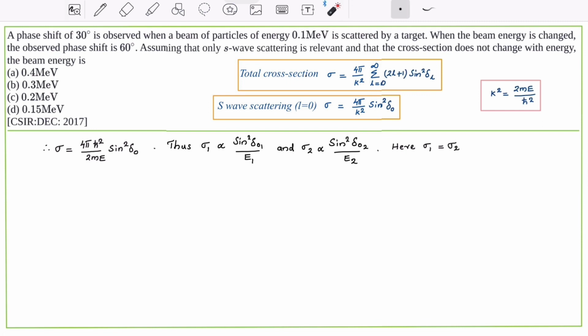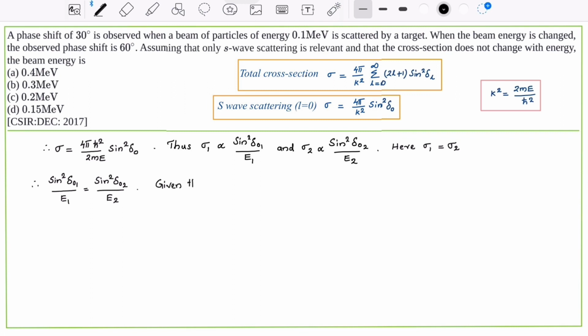Here in this present problem, it is given that the cross section does not change with energy. Therefore, sigma 1 is equal to sigma 2. Therefore, we can write sine square delta 01 by E1 is equal to sine square delta 02 by E2.